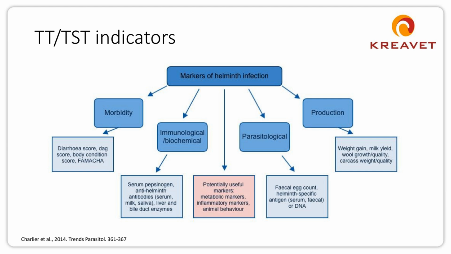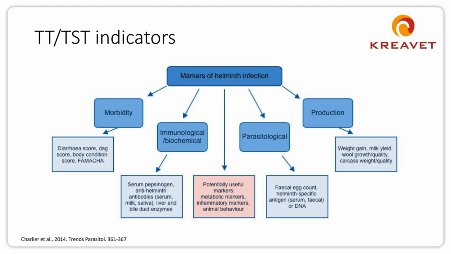So this is also an old publication, but this applies also. Some are more suitable for sheep, some can be used in cattle. But in general, we can use morbidity parameters, immunological and biochemical parameters like the pepsinogen or anti-helminth antibodies. For liver fluke, we could think of liver enzymes.